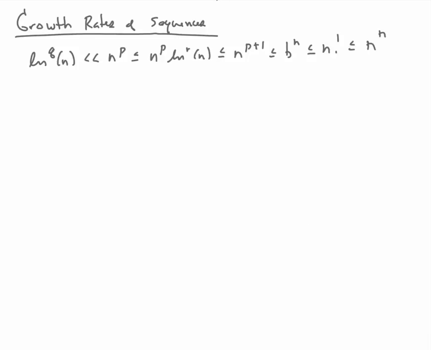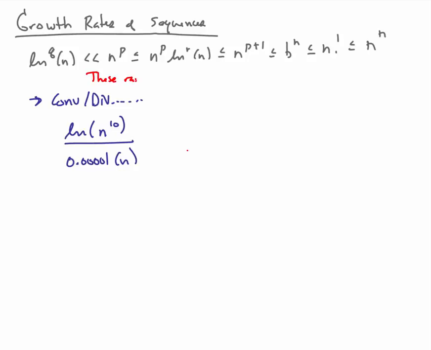We could look at a problem to determine what converges and what diverges. We could have something like the natural log of n to the 10th all over 0.0, we'll put a bunch of zeros in here, times n. Now, just as a quick side note, these rankings that we have here do not change if we just multiply by some positive coefficient out front.